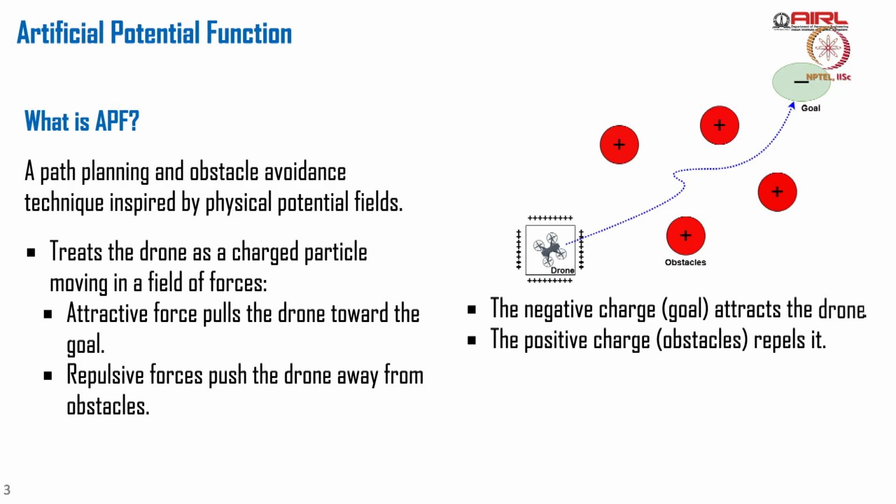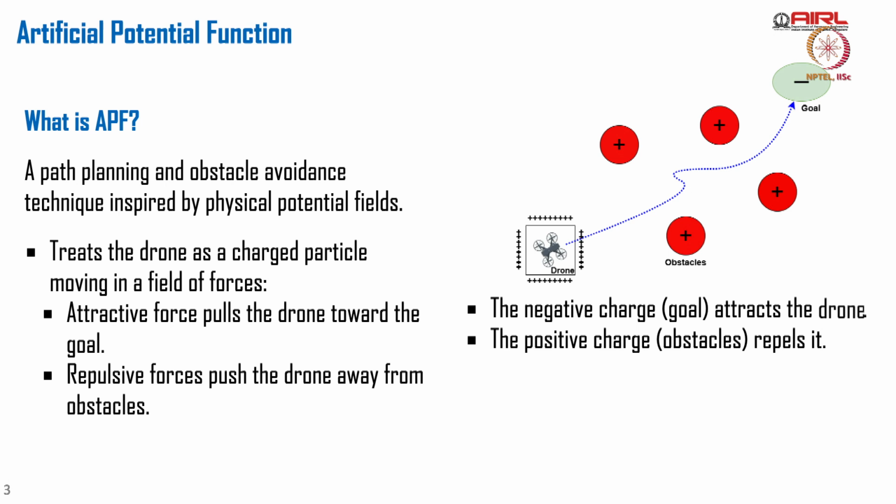An attractive force pulls the robot towards the goal. A repulsive force pushes the robot away from the obstacle. Simple idea, right? One towards a goal, somebody needs to attract me. The other one, safety comes into the picture. All the obstacles will push the robot away from me.